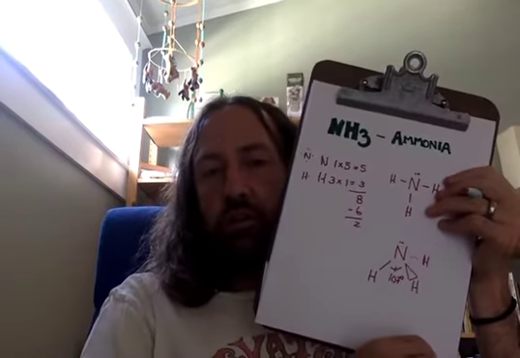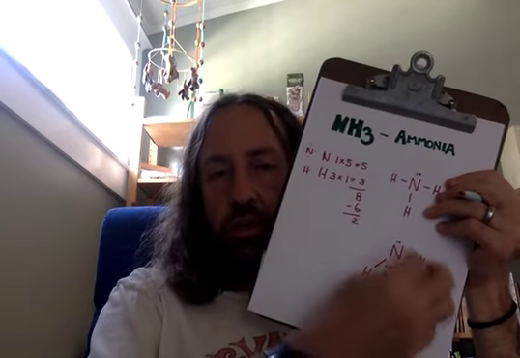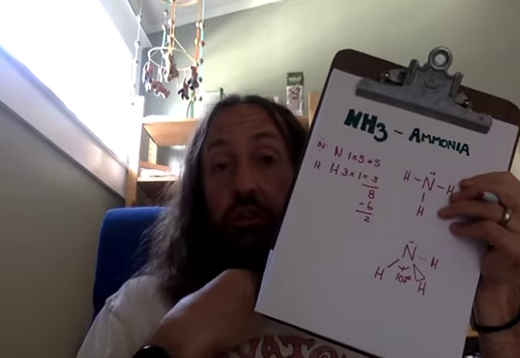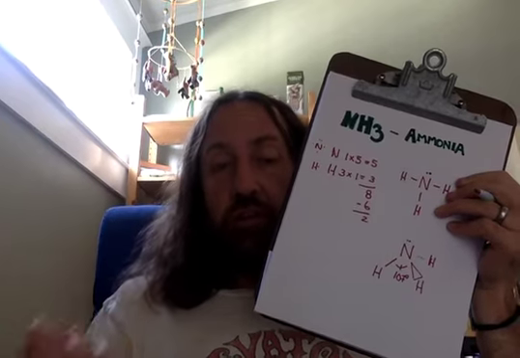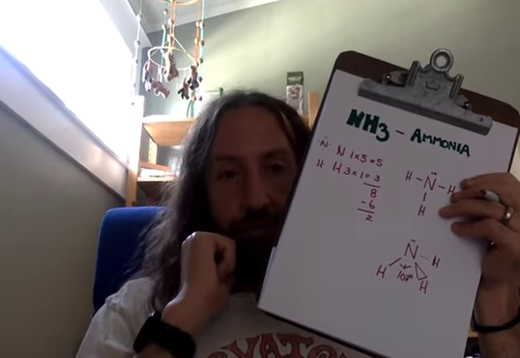Usually the angle between the hydrogens is 107 degrees. So the angle from here to here, and really here to here, is always going to be 107 degrees. In a perfect tetrahedron, it's 109 degrees.